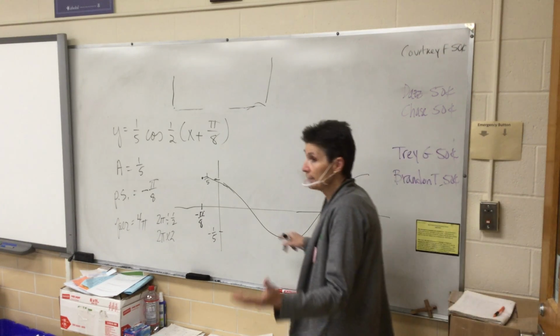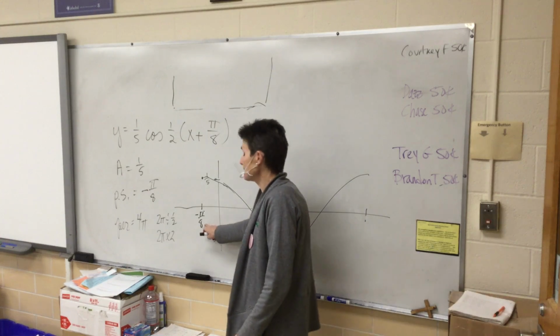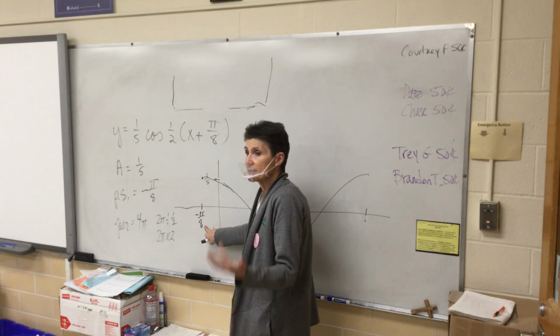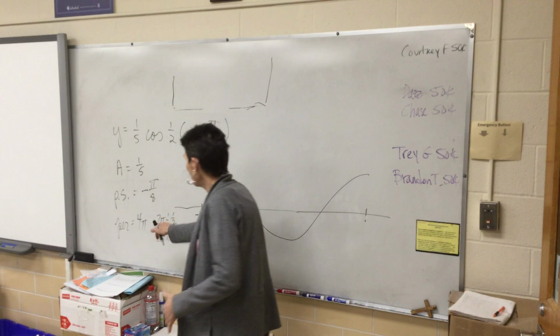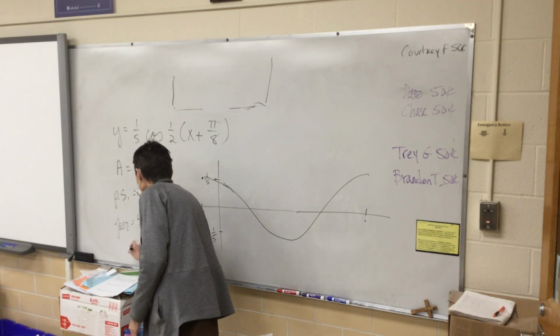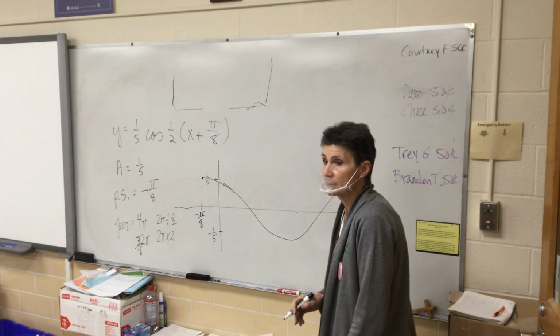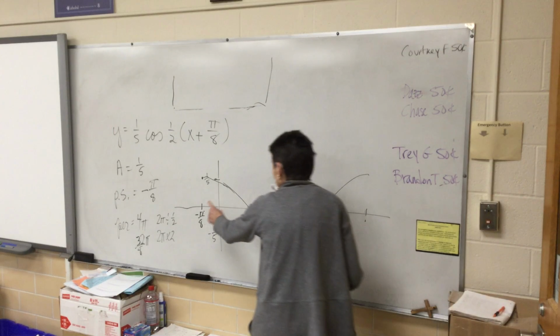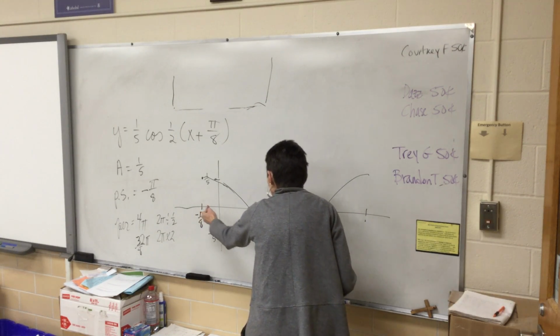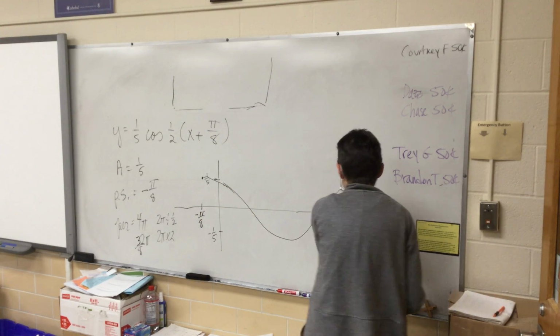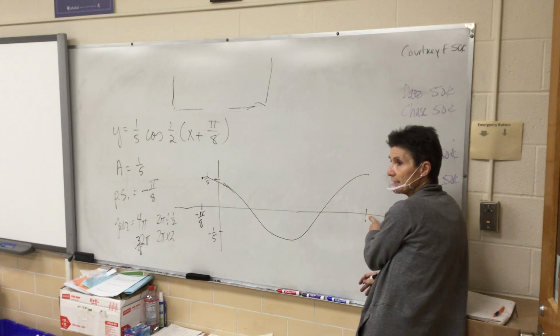Now, little hint, I'm going to help you. Since this is an 8, instead of thinking about this as 4 pi, I might think about it as 32 eighths. That's 32 eighths. And I know that I have to start here and travel 32 eighths to get here.